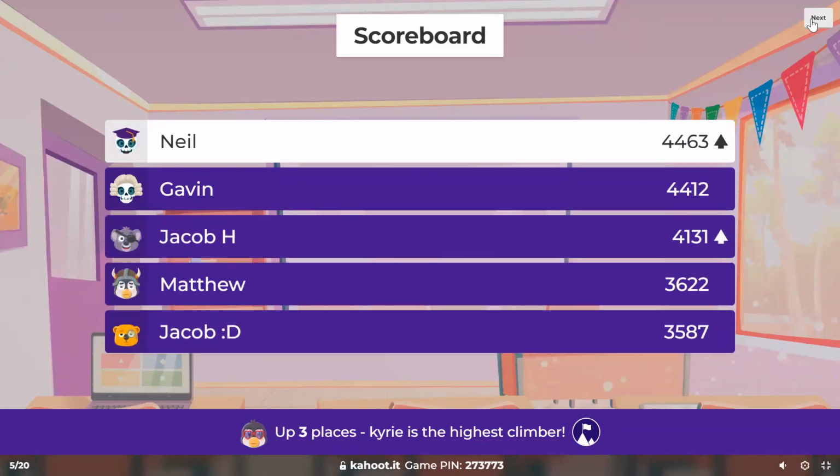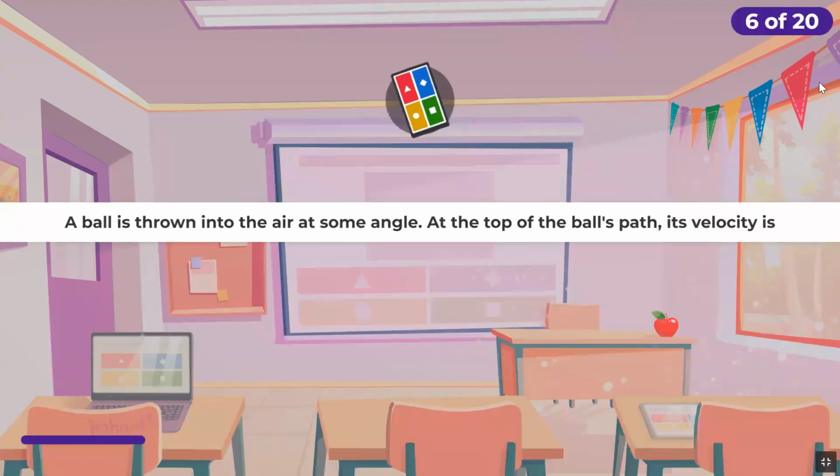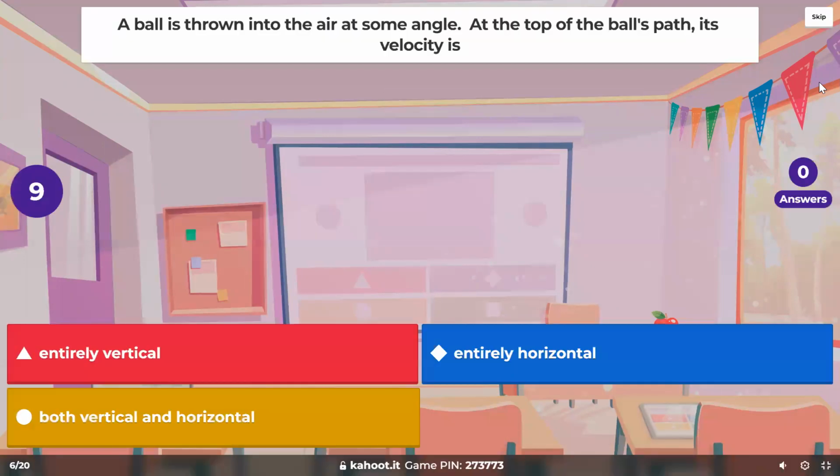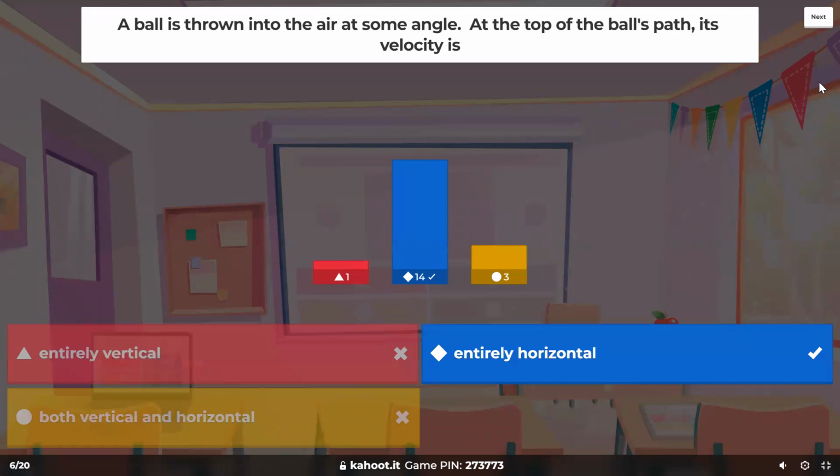Whoa, all right, we got Jacob, Matthew, Jacob, Kevin, Neil in the lead. A ball is thrown into the air at some angle. At the top of the ball's path, its velocity is entirely horizontal, right?